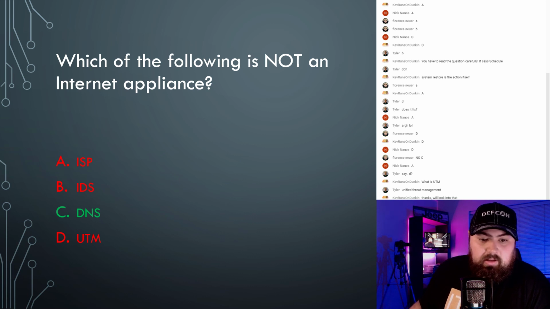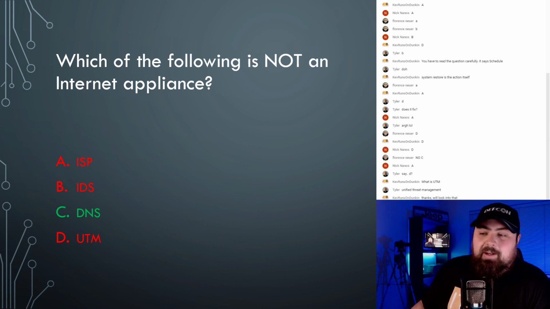And actually, I apologize. A was supposed to be IPS, not ISP. ISP is Internet Service Provider, but no one picked A, so we're good here. A would technically have been a correct answer as well. It was supposed to be IPS here, not ISP.